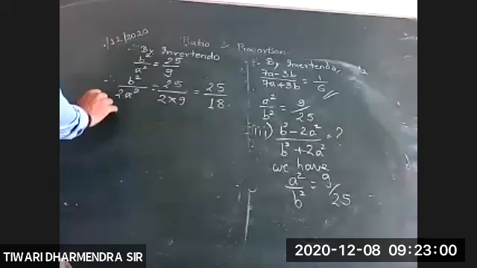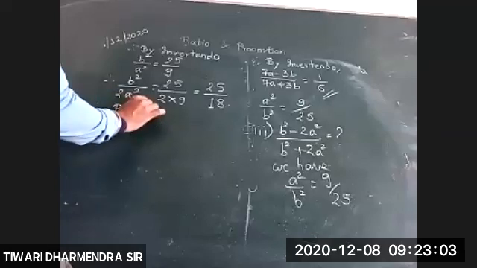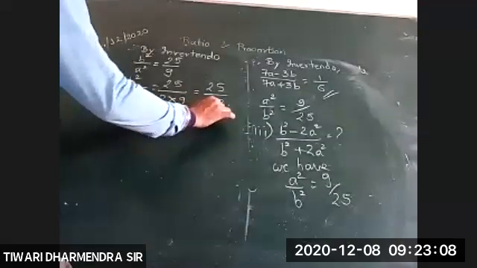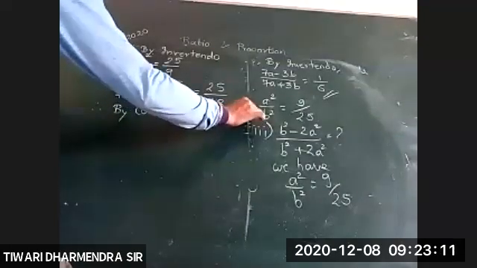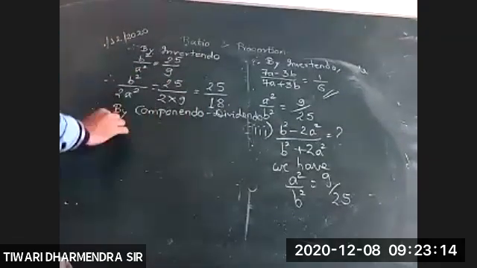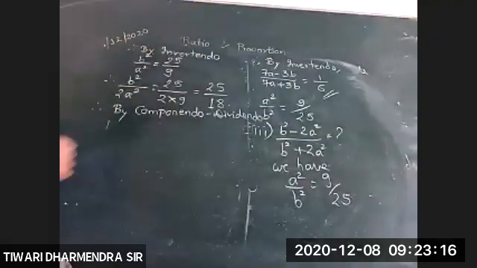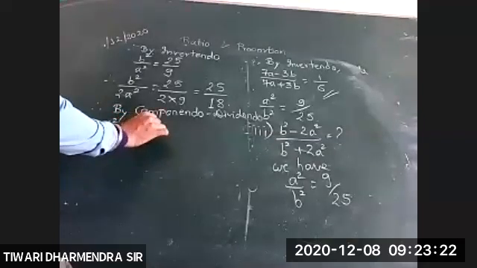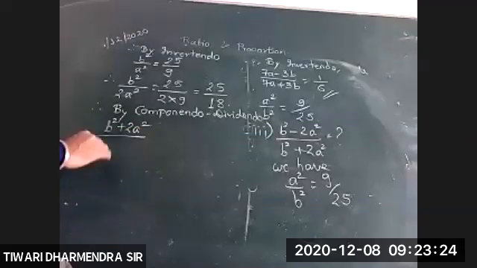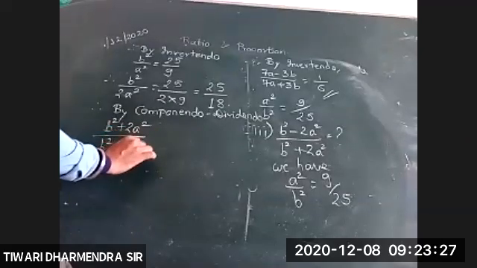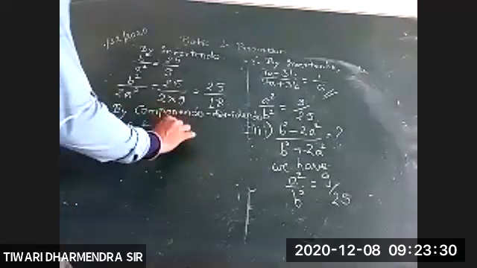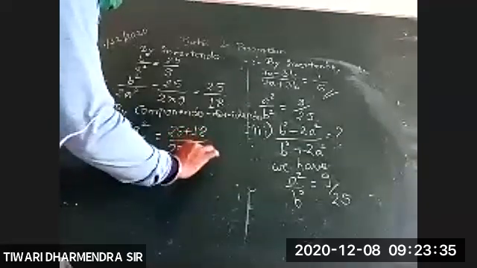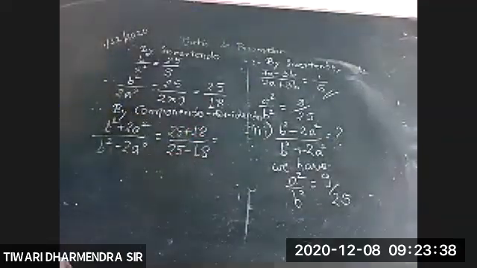So therefore, let's proceed. Therefore, by componendo and dividendo, what do we have? (b square plus 2a square) divided by (b square minus 2a square) is equal to (25 plus 18) upon (25 minus 18).